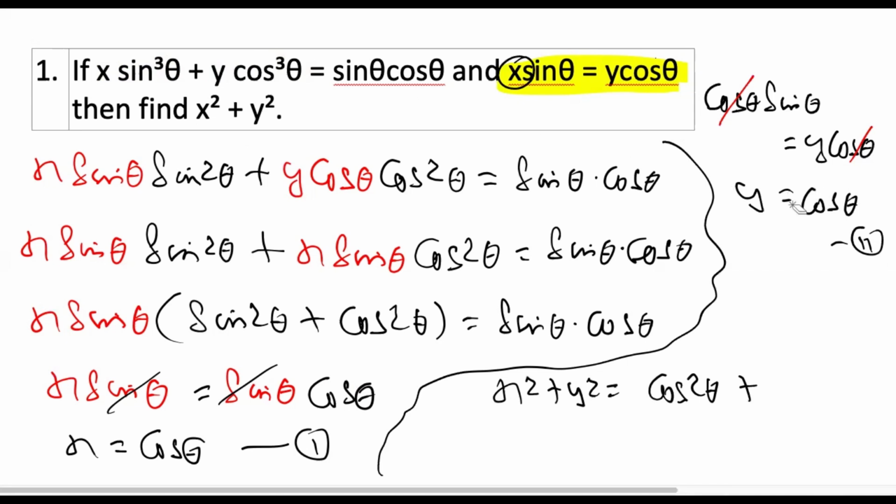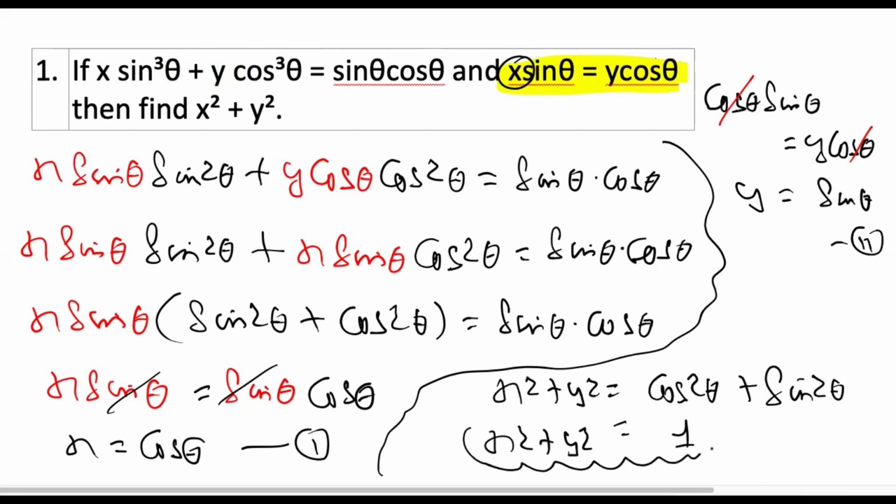Cos gets cancelled, so it was sin. So this is sin square theta. I replaced x and y with their values. And what we know is that sin square plus cos square theta is 1. So therefore the answer is 1 in this case. Right, now let's move to the next question.